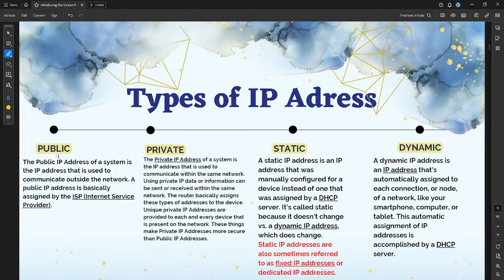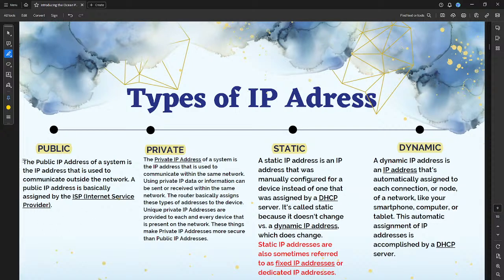Now, the public IP address of a system is the address that is used to communicate outside the network. So for instance, your phone has a private IP address, but once it wants to communicate with the internet, it doesn't use that private IP address, it uses the public IP address.